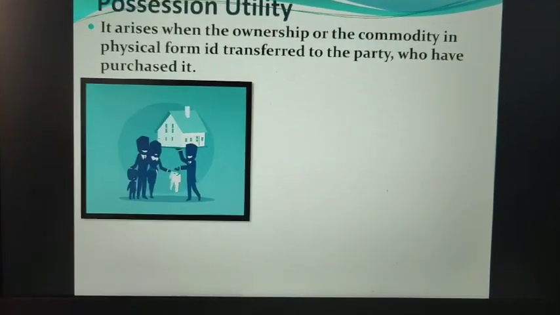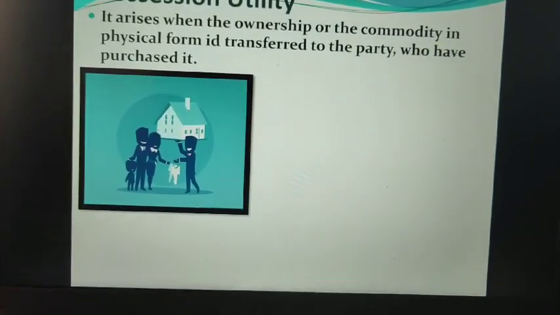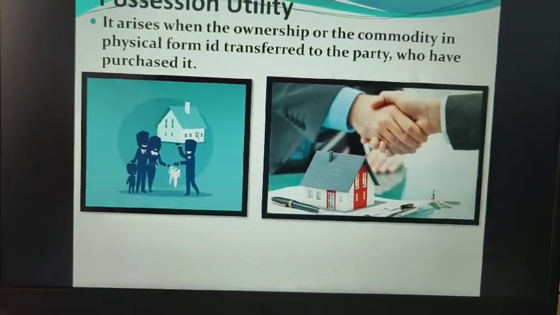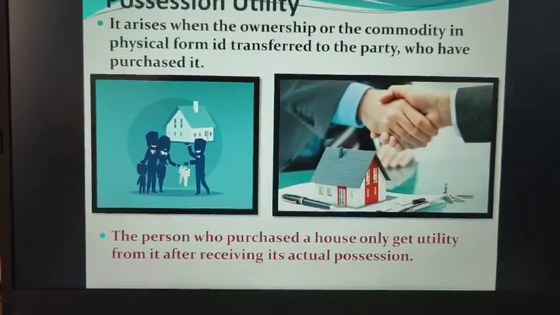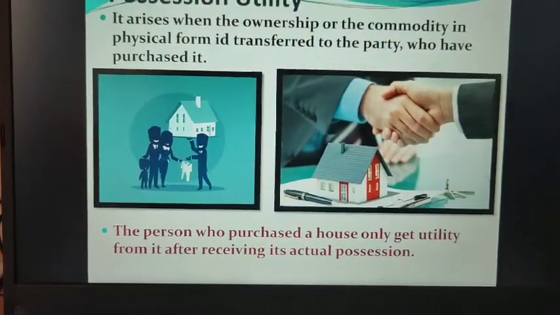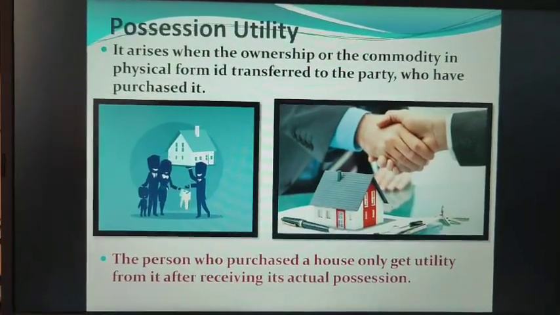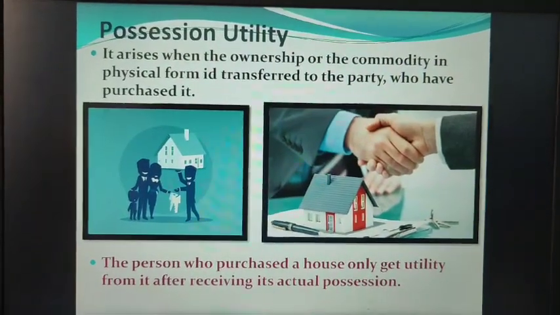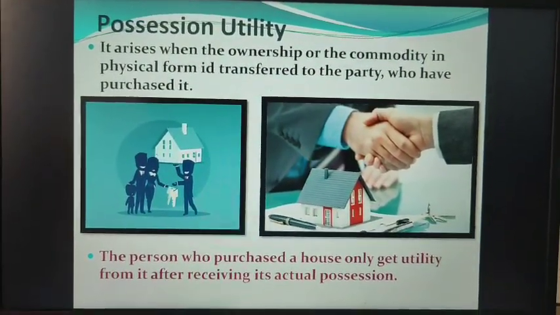So when you get your flat actually ready, okay, then you can use it and get more utility out of that commodity. The person who purchased the house only gets utility after receiving its actual possession. This is what possession utility is about. I hope you have understood the examples.